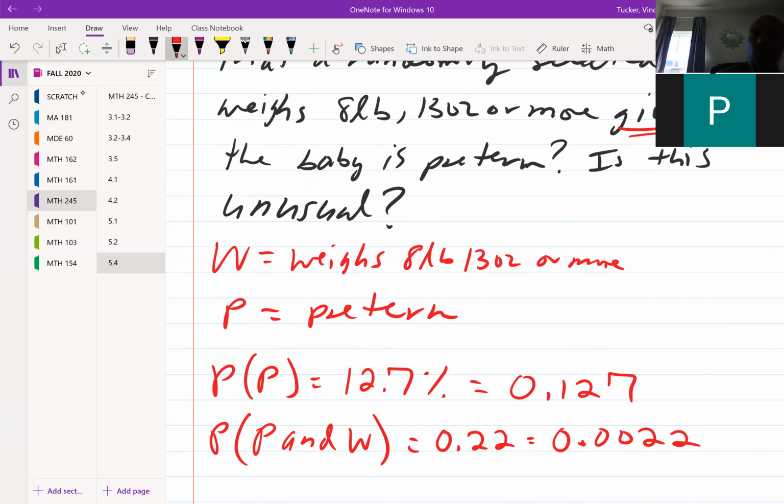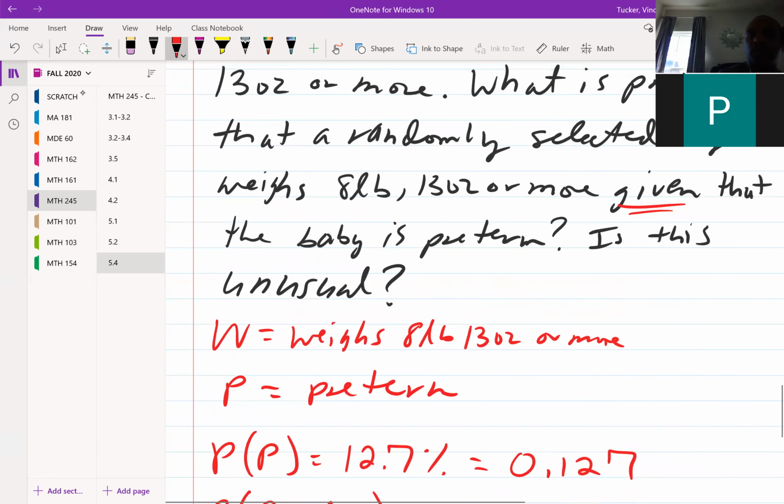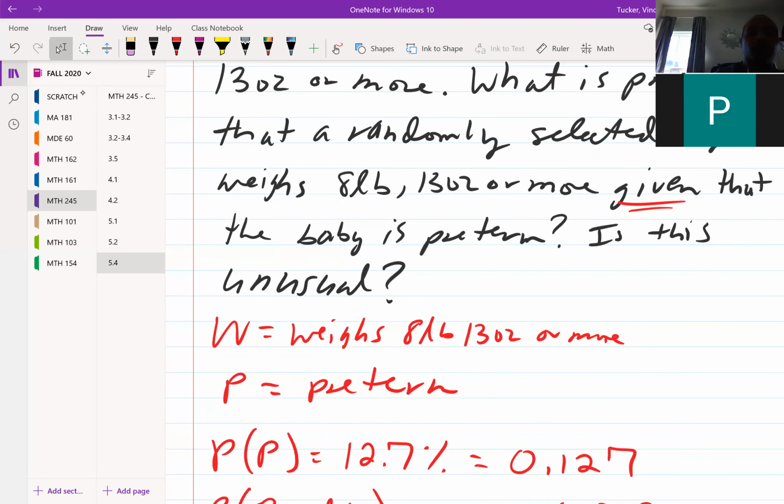All right, so we want to find the probability that a randomly selected baby weighs 8 pounds, 13 ounces, given the baby is preterm.